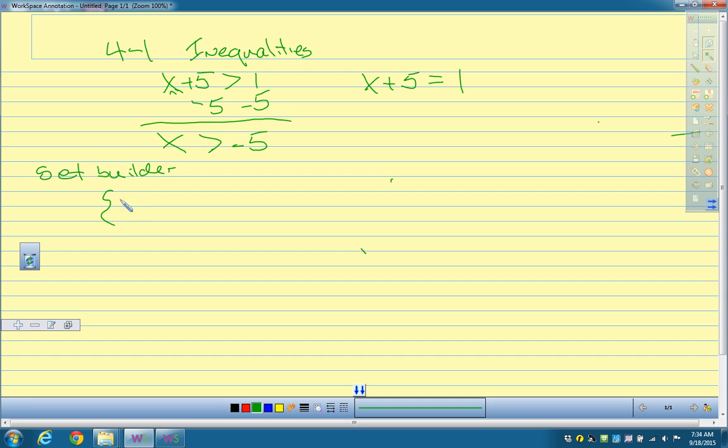They do a little squiggly bracket, and they do x, and then a bar, and then x greater than -4, and then curvy brackets on the end. So that's called set builder notation, because the x values are all the x's bigger than -4.